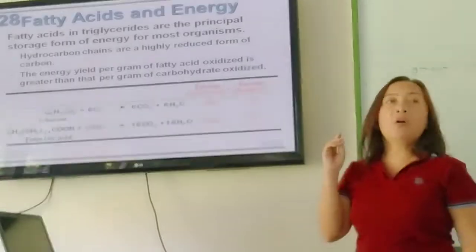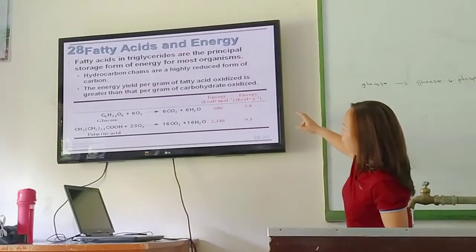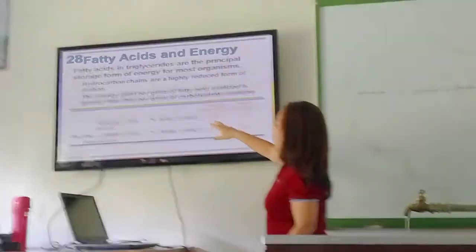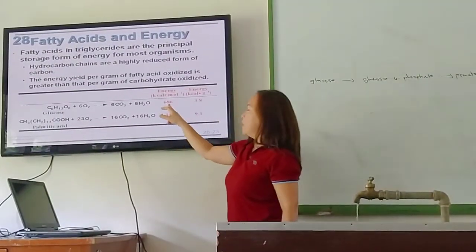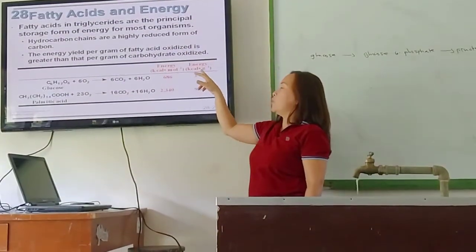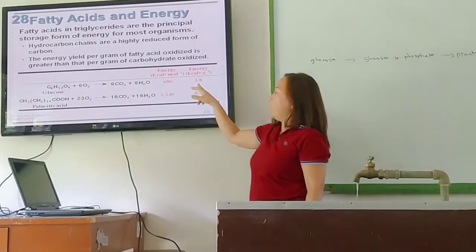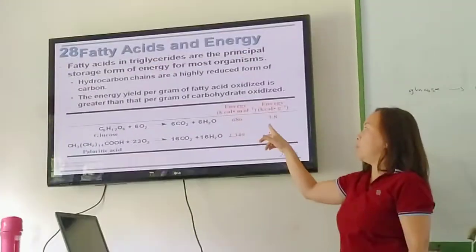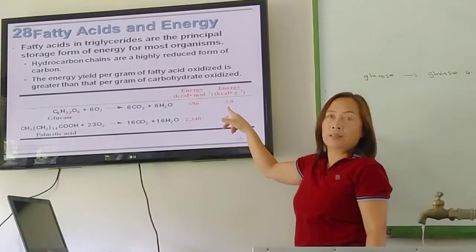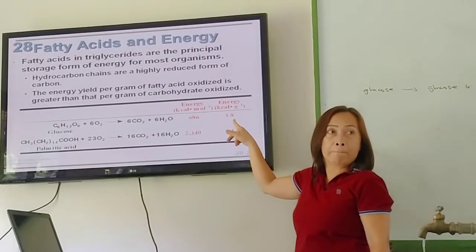Because for every molecule of fatty acid, how much can it give you? Say, if this is your glucose, converted into kilocalories per gram, the breakdown of glucose can give you around 3.8 kilocalories for every gram.